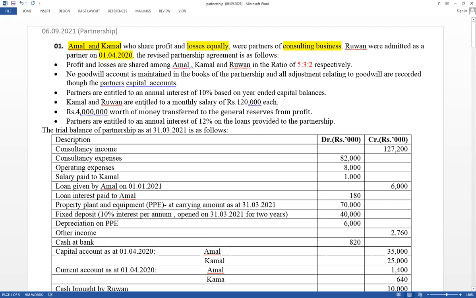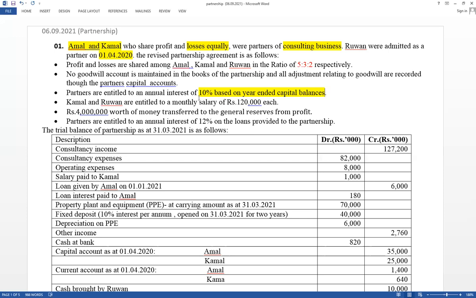Then partners are entitled to annual interest of 10% based on their year-end capital account balance. This part is very important: based on year-end capital account balance, 10%. It has given admission at the beginning of the year. Normally you have to calculate based on their closing capital account balance. The new partner also introduced cash as capital.